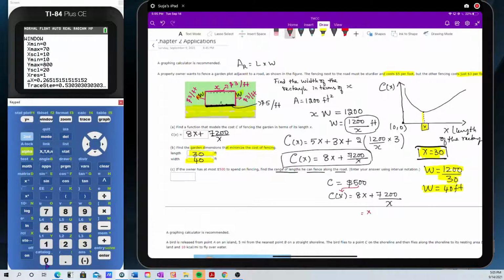That's a very small value, so probably 100. And y maximum can be 800. But let me go in terms of 50. Okay, I think that's better enough.